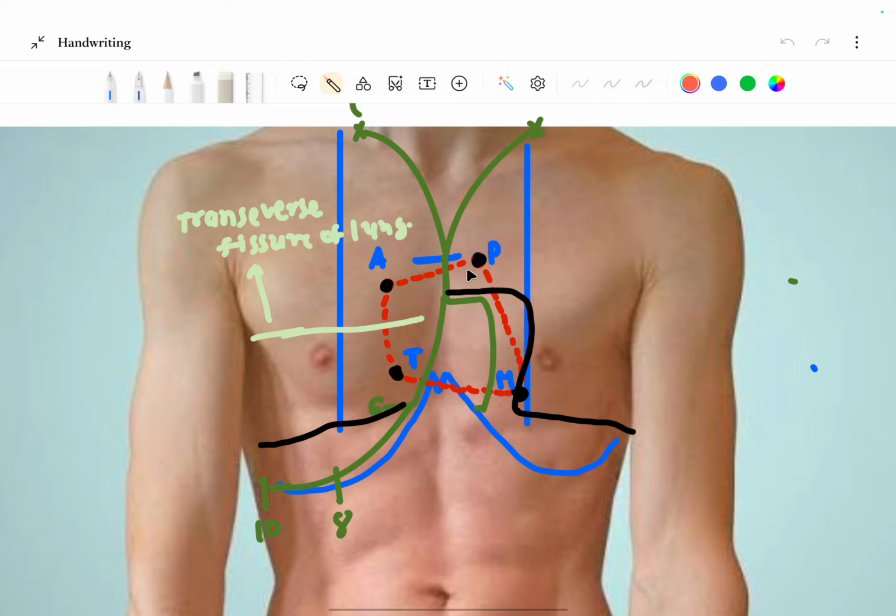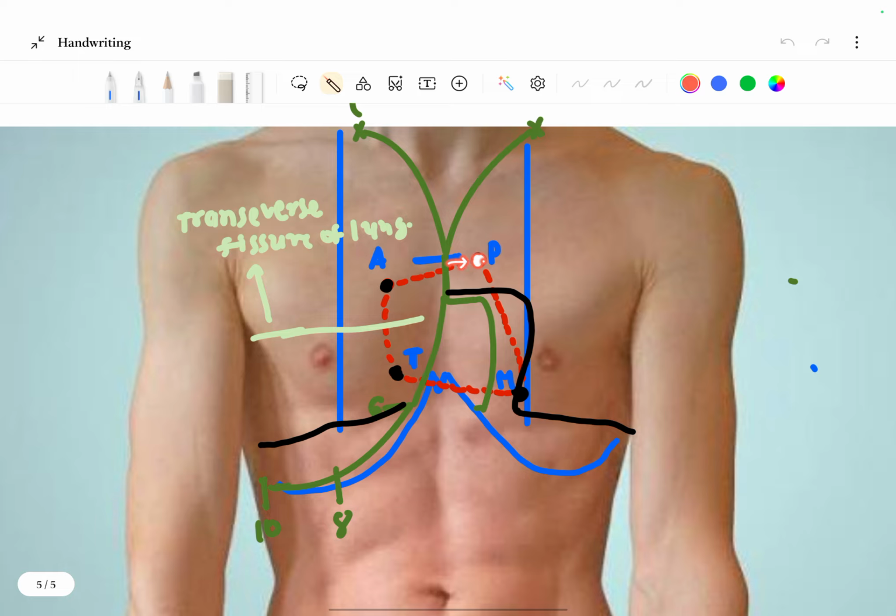Now, let us discuss the heart. The first point that you notice for drawing the heart is this.